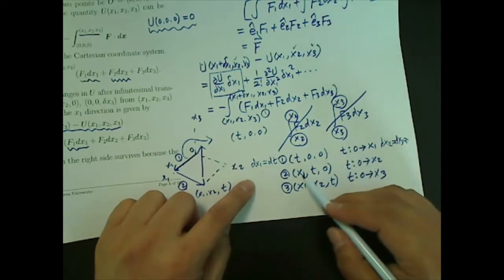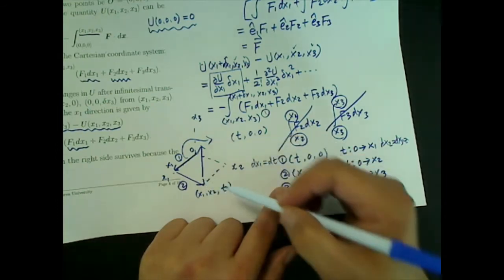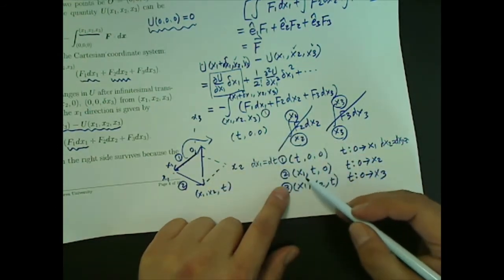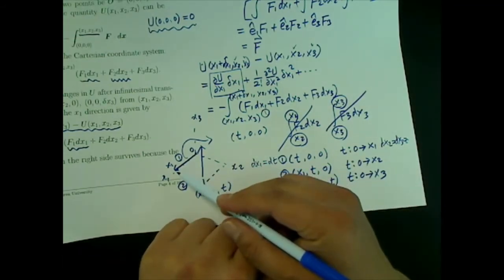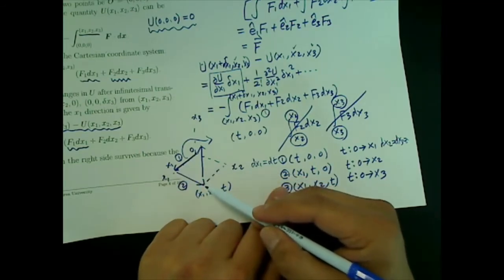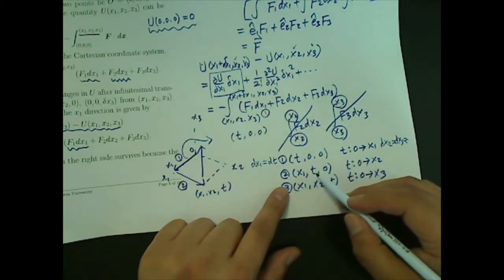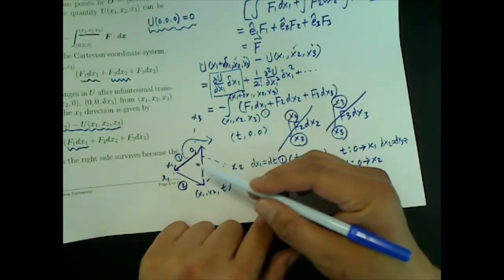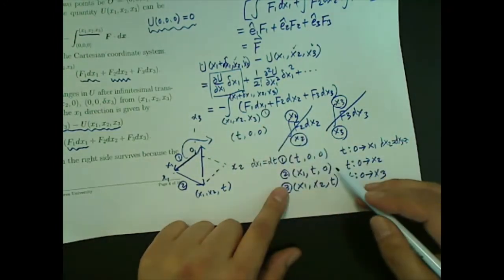Next we consider this. In this case, the value of x1 is fixed to be x1, and the value of x2 runs from 0 to x2. So this is x1, t, and still this is on the xy plane, so the value of x3 is 0.